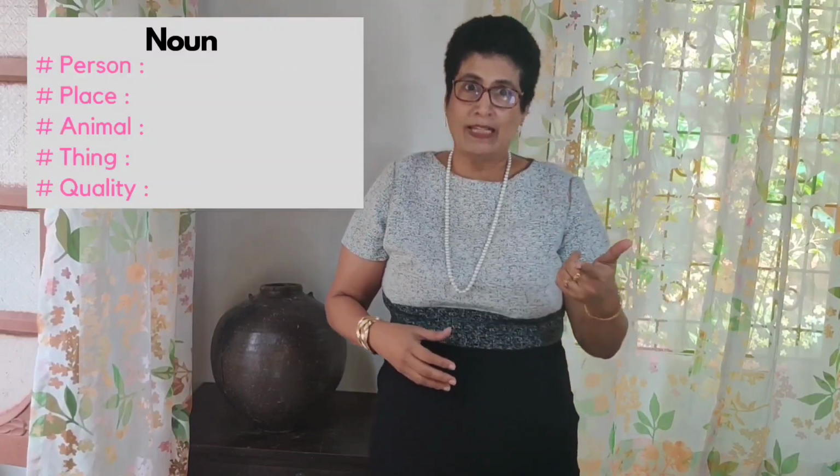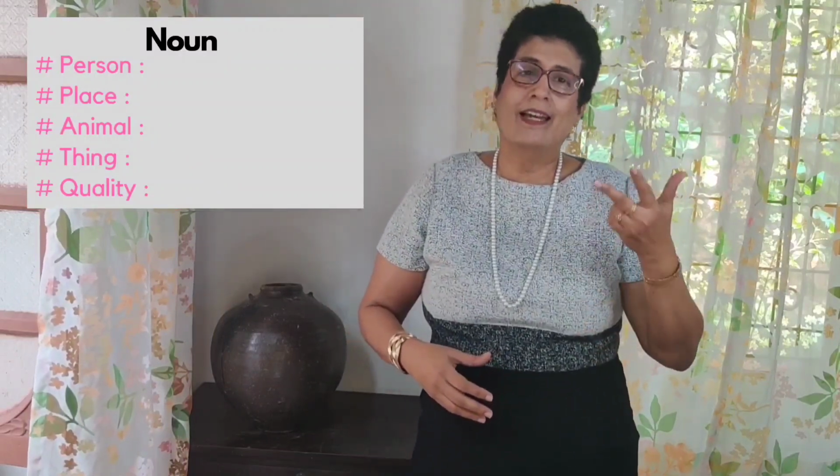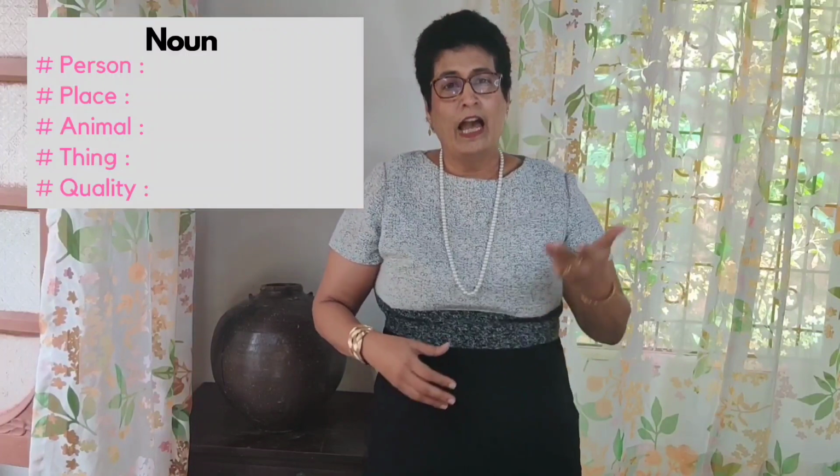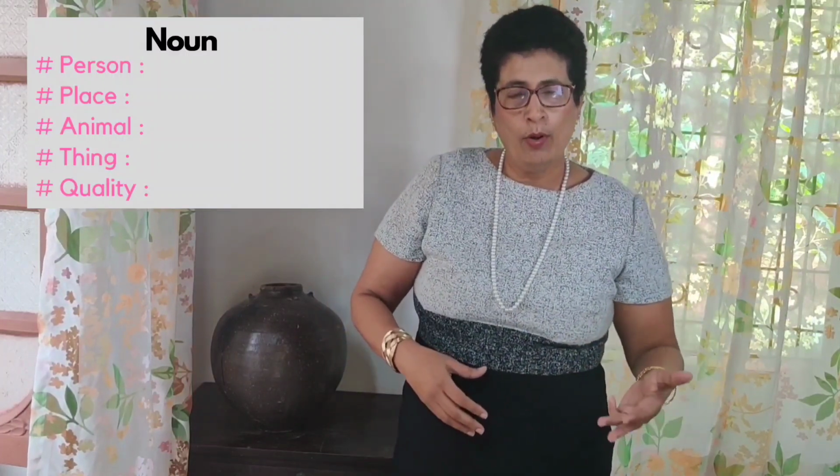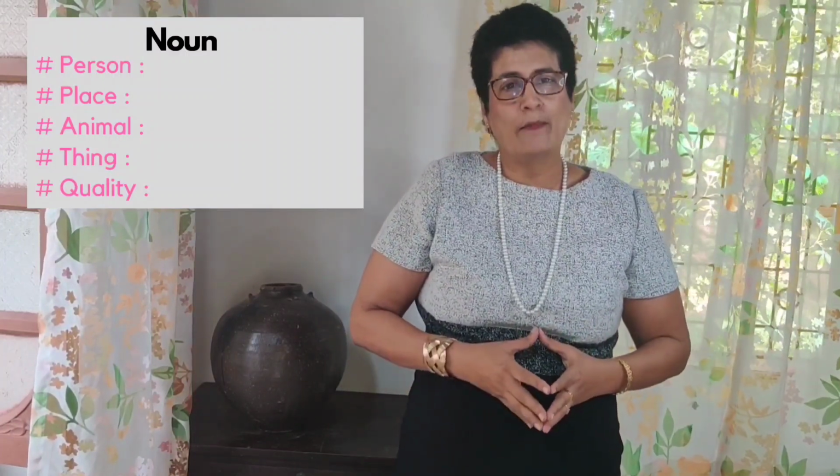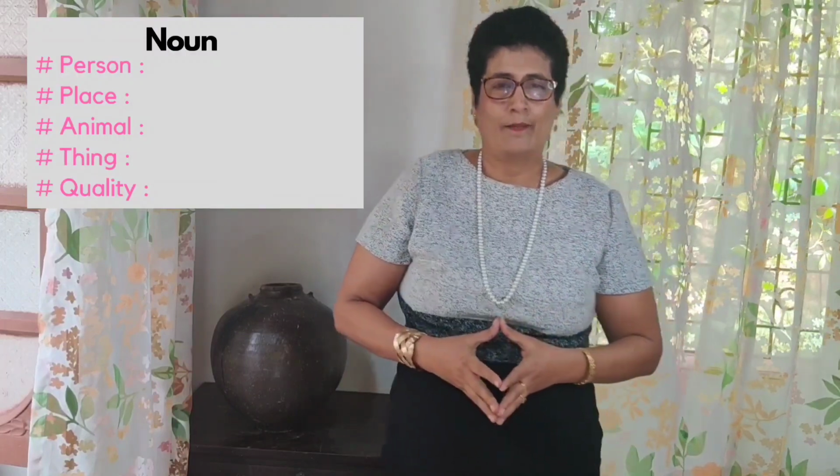So the first one is the noun. Now you have often played in school name, place, animal and thing. And so your nouns are the names of persons, places, animals and things. And then let's add to that one more, qualities, because your abstract nouns are qualities.